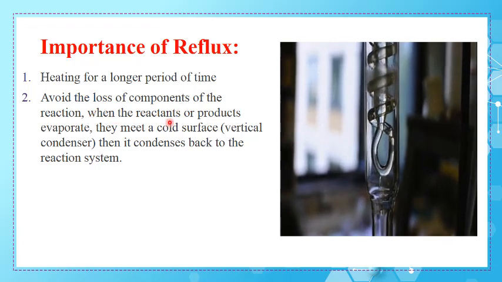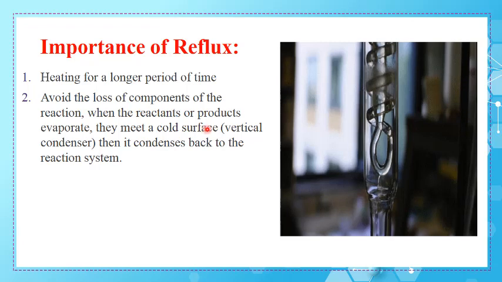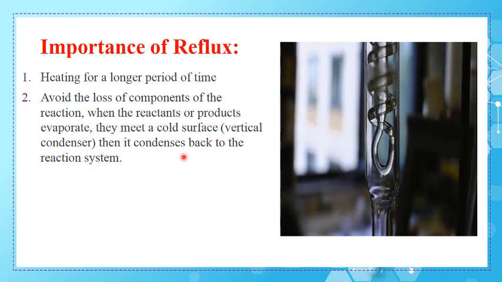When the reactants or the products evaporate, don't forget they exist at the same time because we are in a reversible reaction where reactants and products are still present together. So when the reactants or the products evaporate, they meet a cold surface here in the condenser. Then it condenses back to the reaction system, and this is why we avoid any loss.